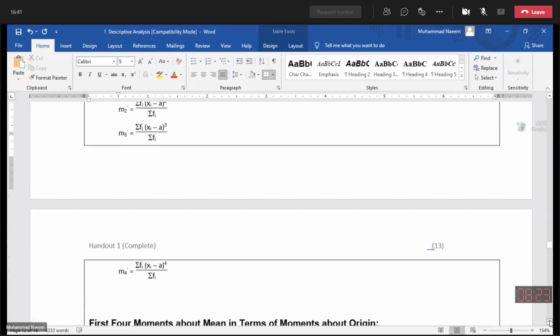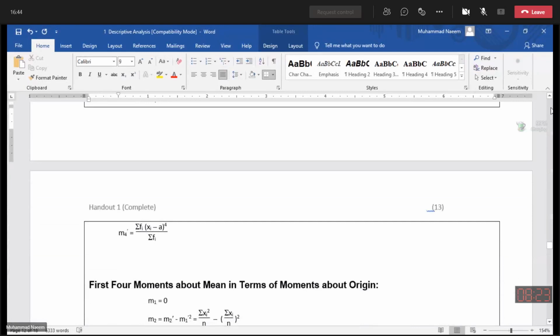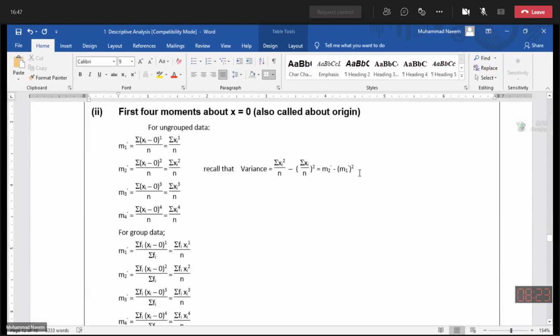Okay, now as one of the relations we have discussed here, just like this one, as we know that the second moment about mean is denoted by M2, that is the variance, and on the right hand side we have moments about origin.